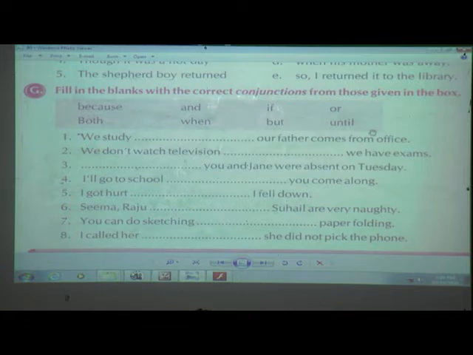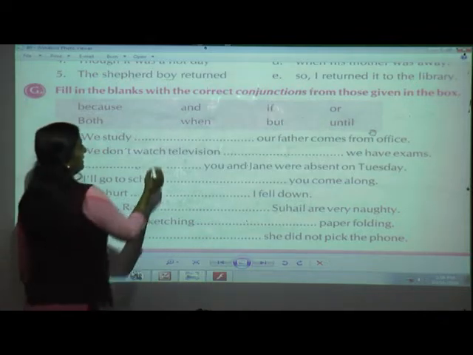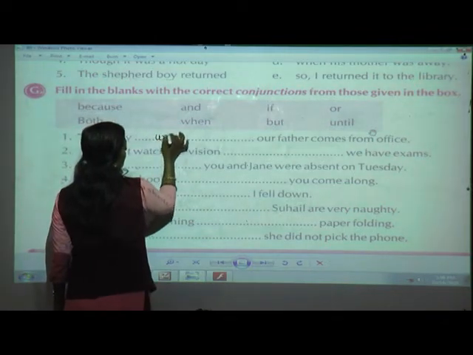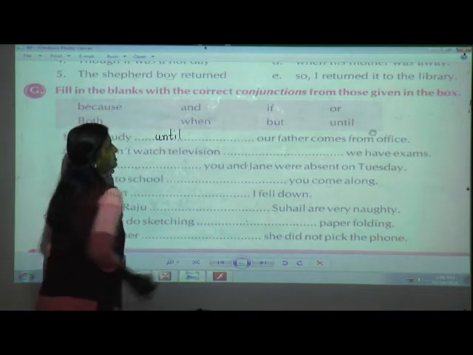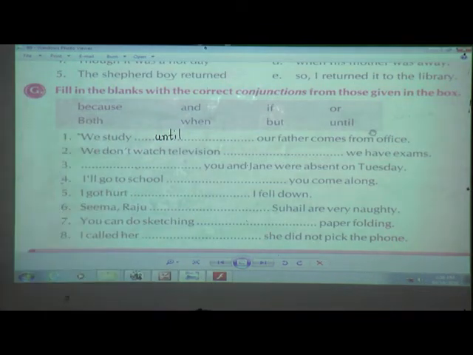We study dash our father comes from office. This sentence is showing a point of time, that we study till the father comes from office. So we study until our father comes from office.